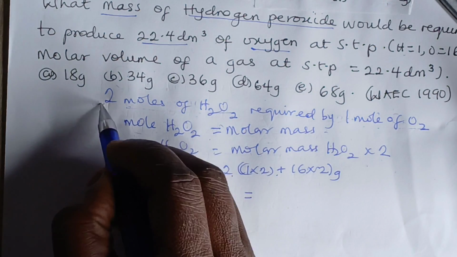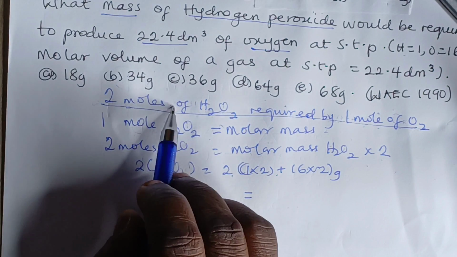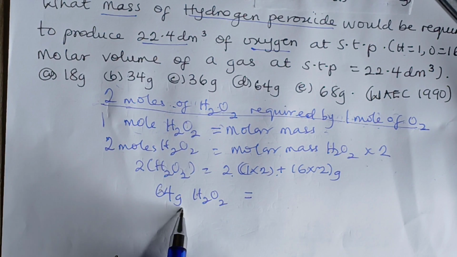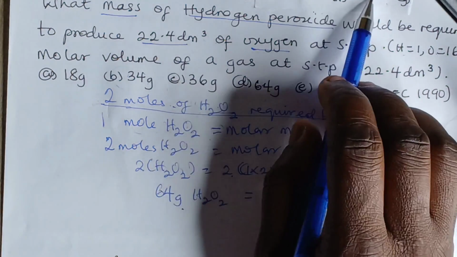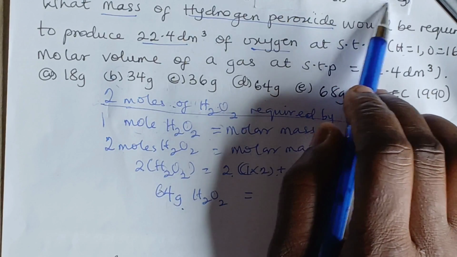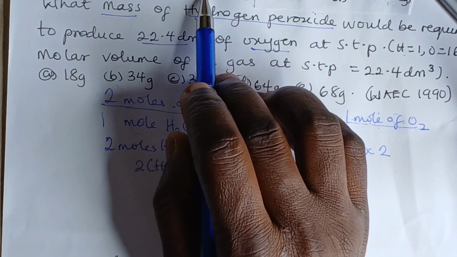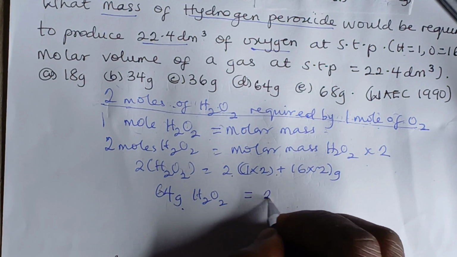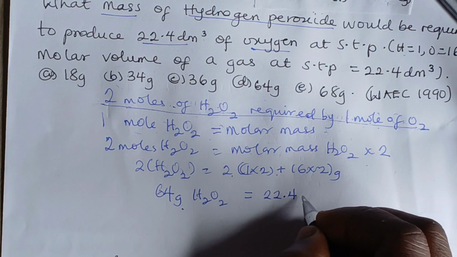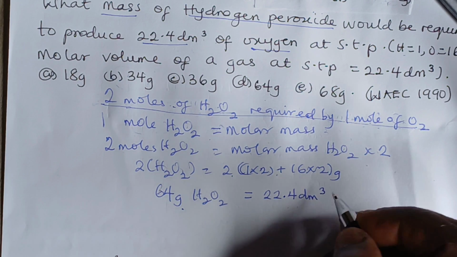So from this first line that we got, which I've converted 2 moles to 68 grams, oxygen occupies 1 mole. From this equation of reaction, it is just 1 mole of oxygen that is produced by 2 moles of hydrogen peroxide. So here 1 mole of a gas occupies 22.4 dm cube.